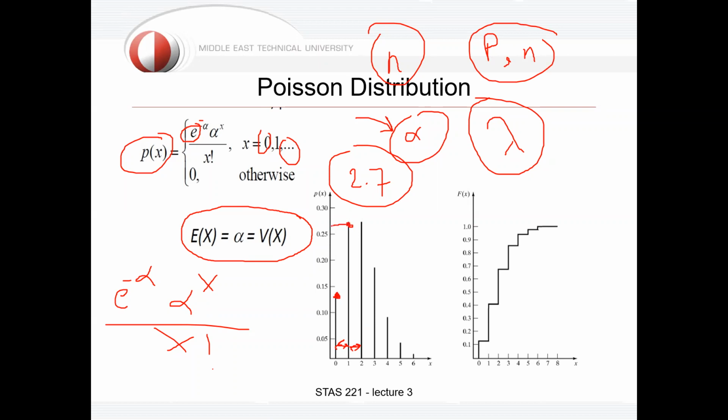Like this point, for example, corresponds to a certain probability, and you can calculate them easily using the formula. For the cumulative version, it always goes from 0 to 1, because the probability cannot be bigger than 1 or less than 0.